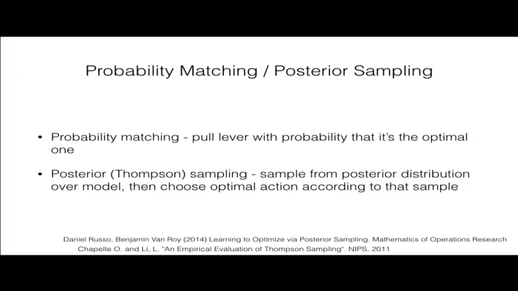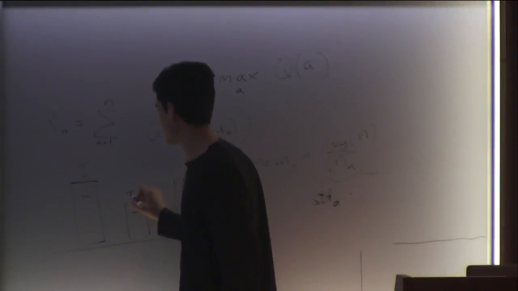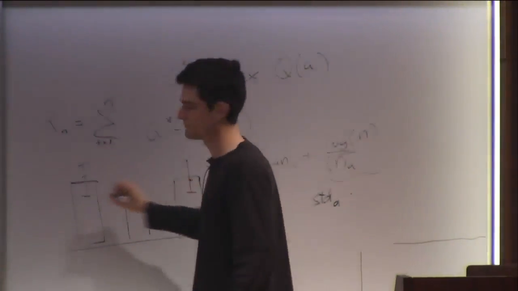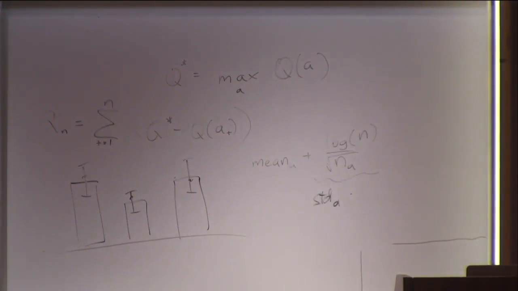And one way to do this in practice, which is usually called Thompson sampling or posterior sampling, is you first sample from the posterior distribution a set of all your parameters. So let's say we're uncertain about all these different mean values, so we pick a particular sample from our joint posterior of all these values. And then we choose the best action according to that sample.